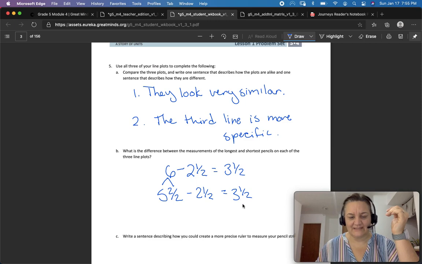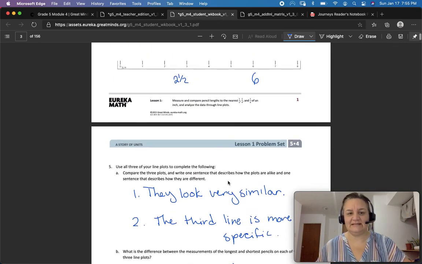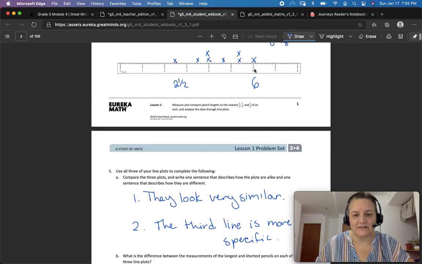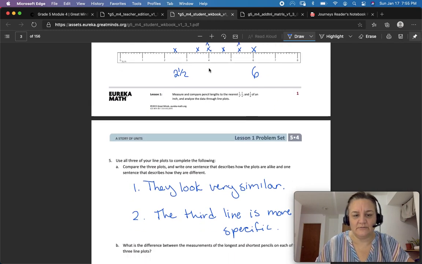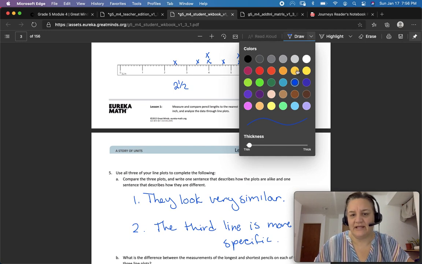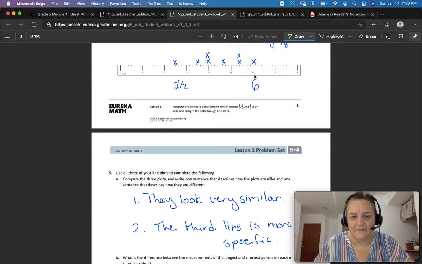Okay. So what's the distance? This distance from here to here is 3.5 inches. 1, 2, 3.5. Right? And you could actually just count it right there on the line if you want.